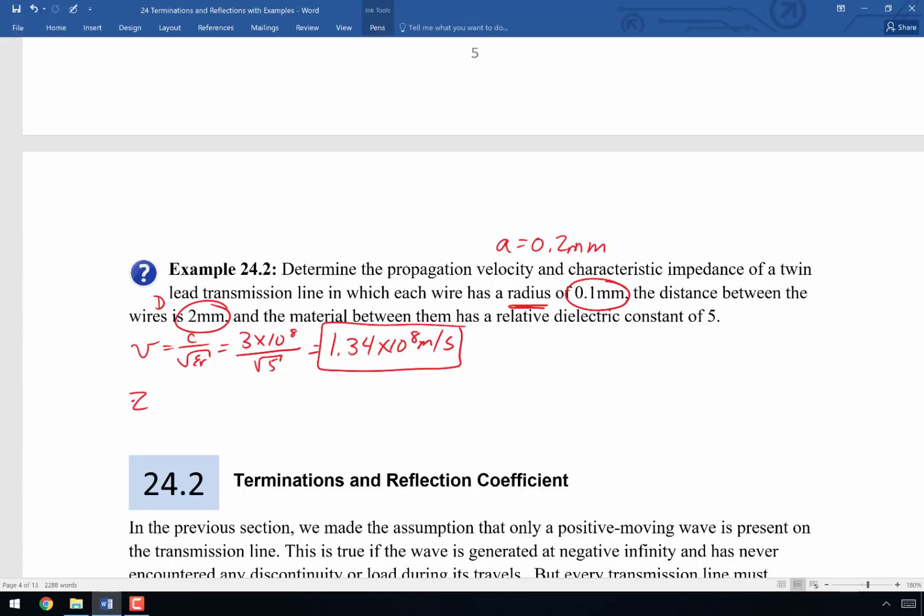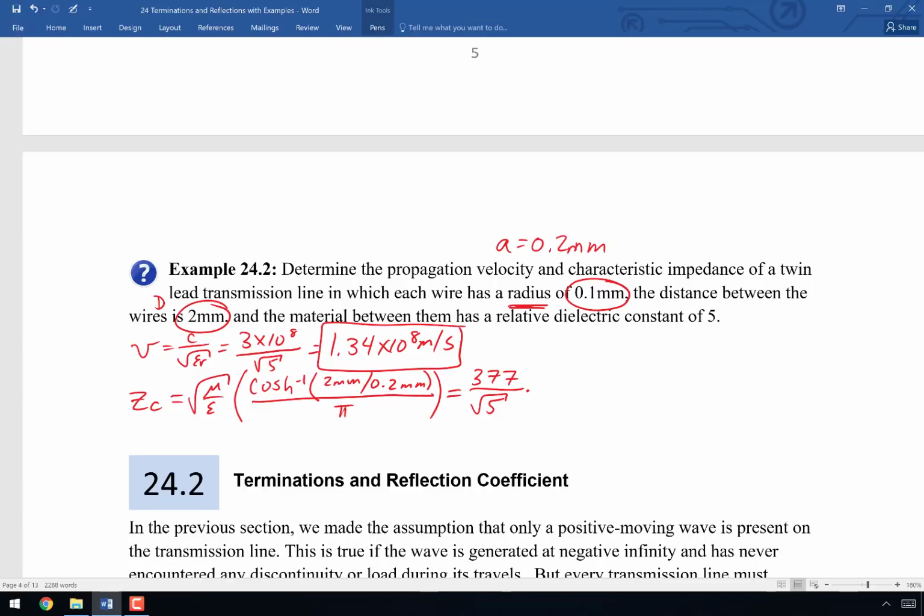And then Z_c, you look it up in the table for the twin lead, that's going to be the square root of mu over epsilon times the inverse hyperbolic cosine of 2 millimeters divided by 0.2 millimeters, divided by pi. So this is 377 divided by the square root of 5.